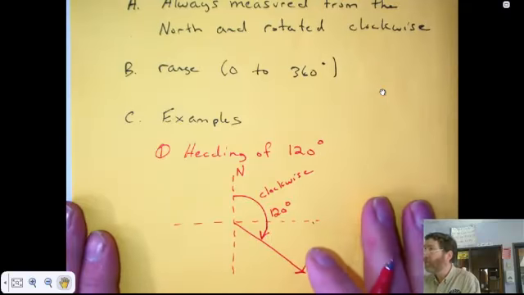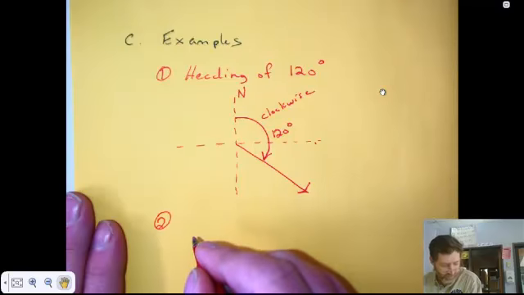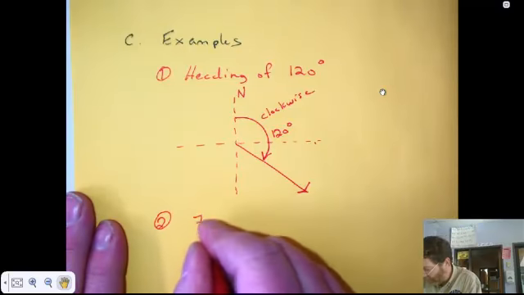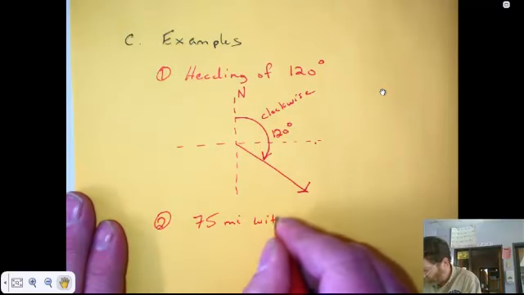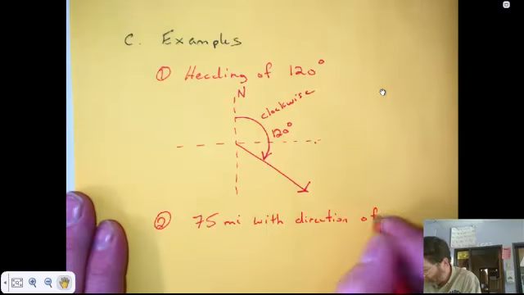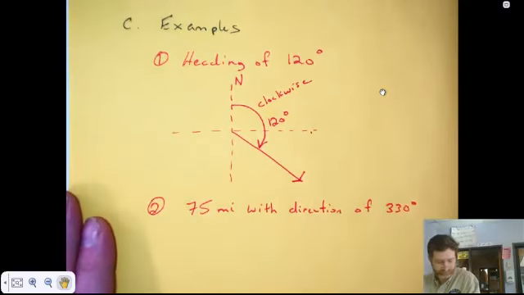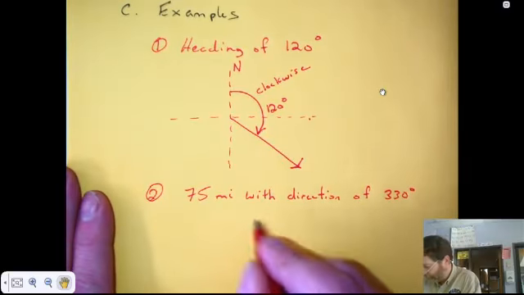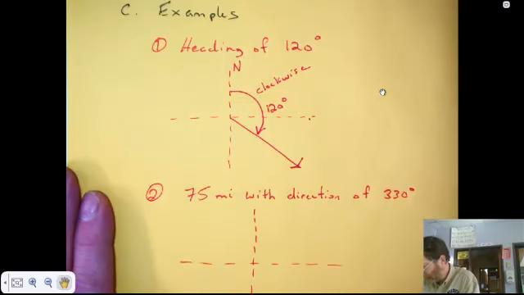Here's another example of how they may list this in the problems. I have 75 miles with a direction of 330 degrees. It's almost 360, so it's in the fourth quadrant.